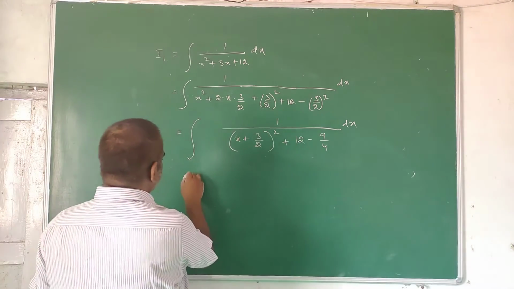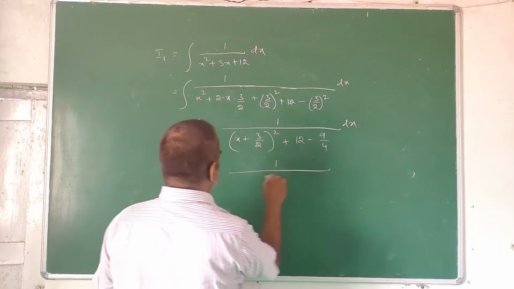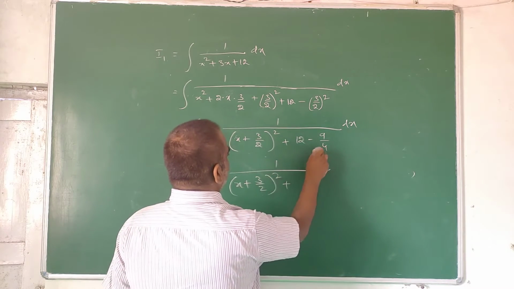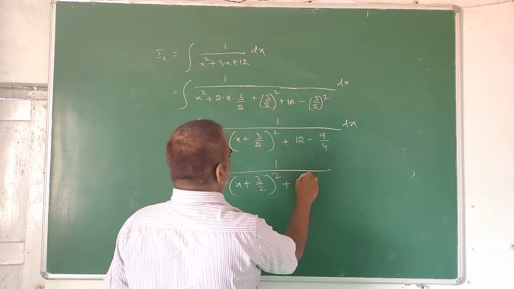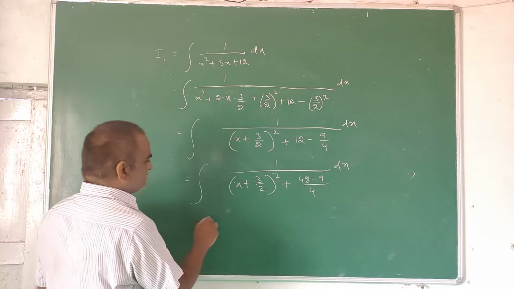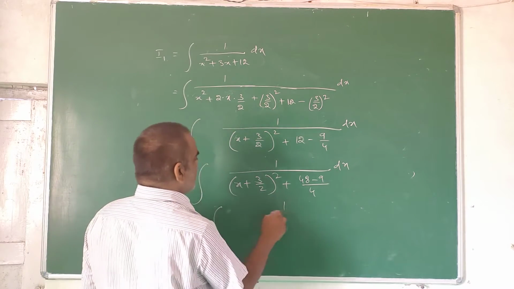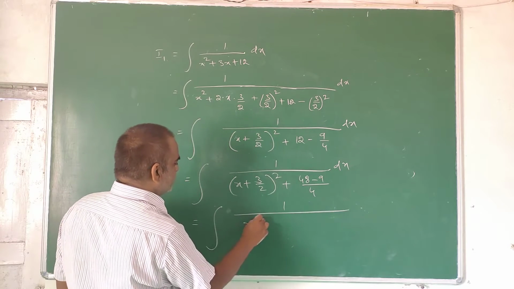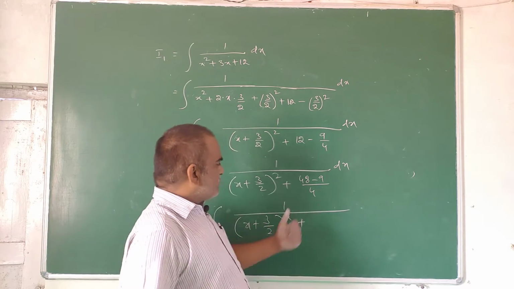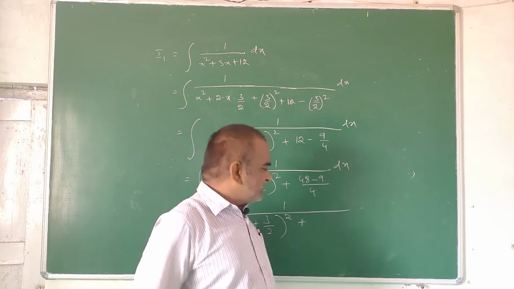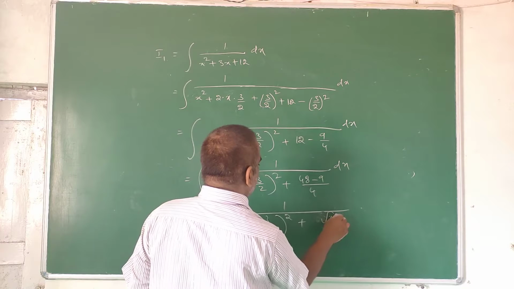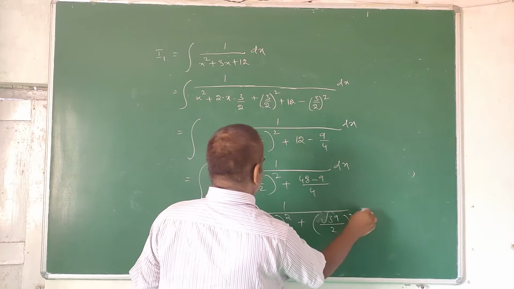So this is equal to integral 1 by x plus 3 by 2 whole square plus, you take LCM, so 12 4s are 48 minus 9 by 4 dx. So this is equal to integral 1 by x plus 3 by 2 whole square. Now from 48, if you subtract 9, you get 39. 39 by 4, that can be written as root 39 by 2 whole square dx.